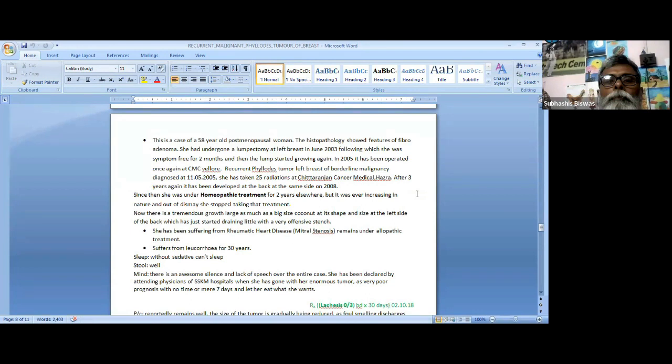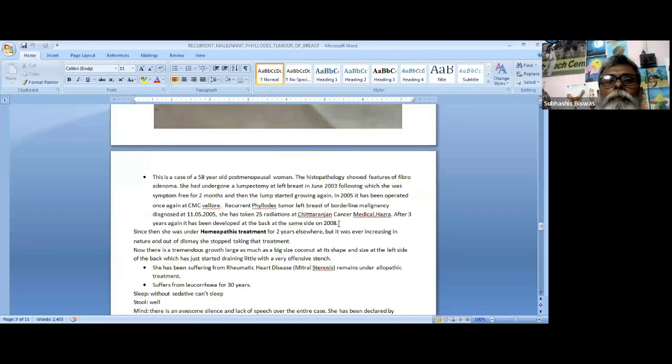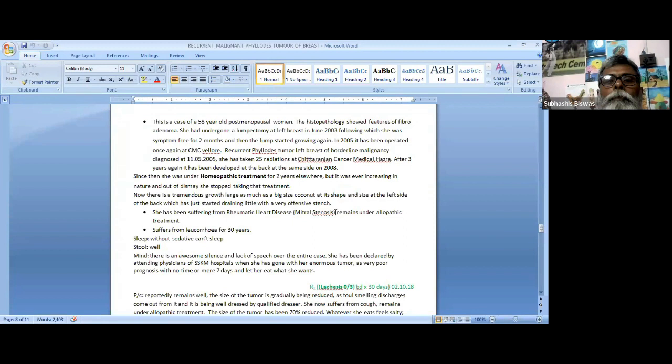Since then, she was under homeopathic treatment, and let me tell you, her husband himself is a homeopathic doctor. The patient's name is Suchitra Baito, South 24 Parganas, West Bengal, and her husband is Dr. Kiriki Baito.